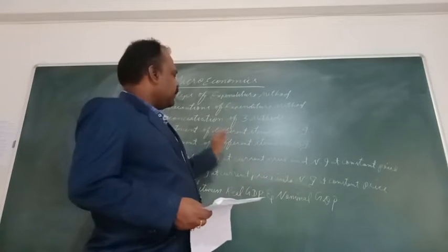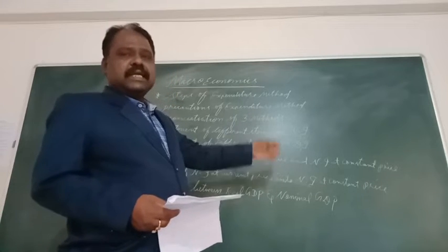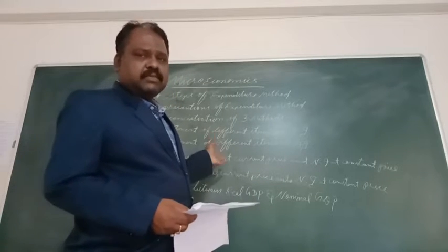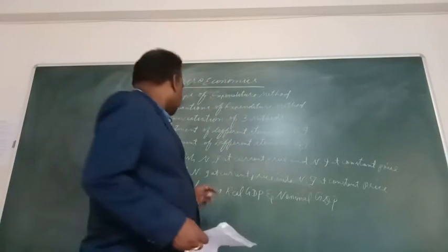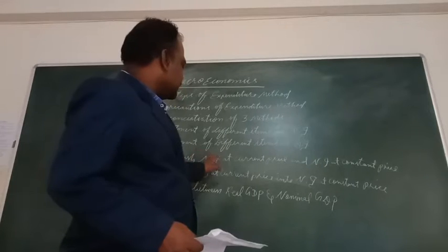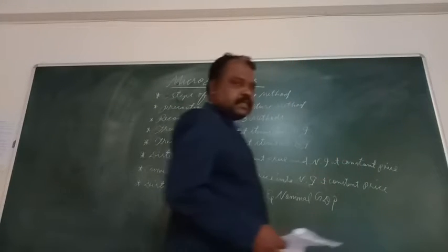Next step, treatment of different items while computing domestic income. Which items should be included, which items should not be included. Next step, distinguish national income at current price and national income at a constant price.